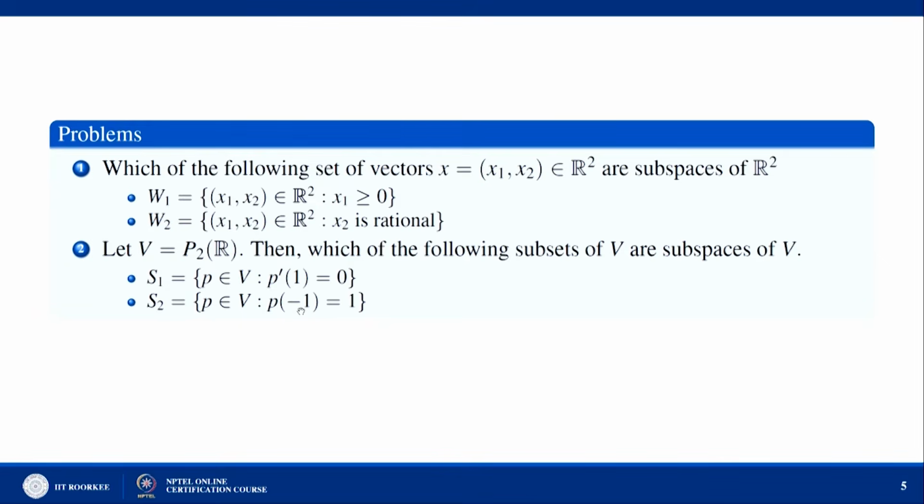Okay. Now, here you can easily see that if you take the collection of all those polynomials where P at minus 1 is 1, then the 0 polynomial is not there. What I want to say basically is that here we have taken all P in V such that P at minus 1 is 1.